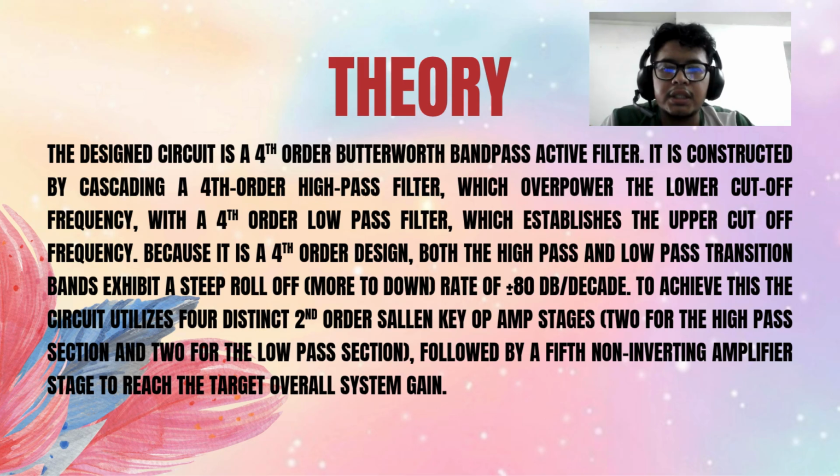To achieve this, the circuit utilizes four second order Sallen-Key operational amplifier stages, two for the high pass section and two for the low pass section, followed by a fifth non-inverting amplifier stage to reach the target overall system gain. In our fourth order design, our desired gain is 35.56 dB.